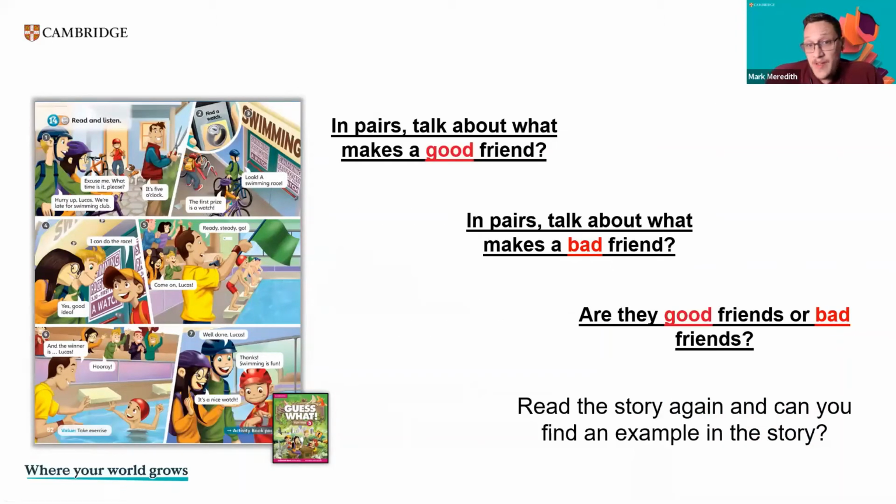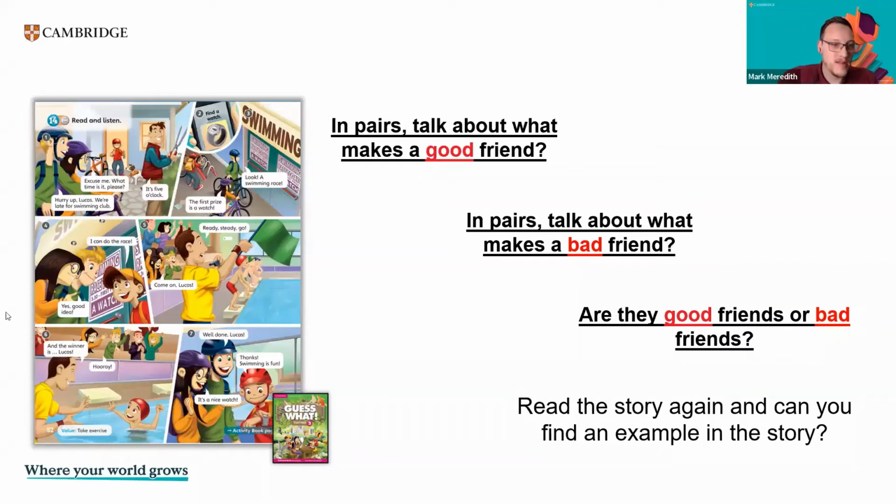Then maybe afterwards we could pair them up and get them to do this series of activities. Number 1, have them think about what makes a good friend. 2, get them to talk about what makes a bad friend. And then 3, think about the characters in the story and whether they are good friends or bad friends.